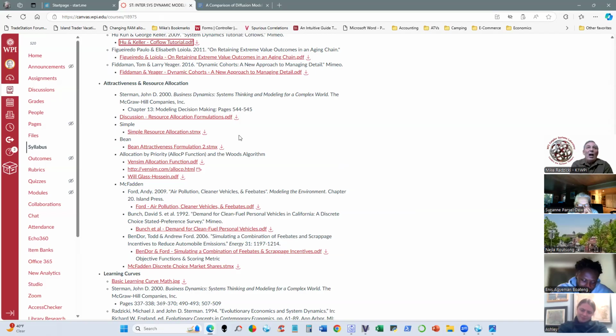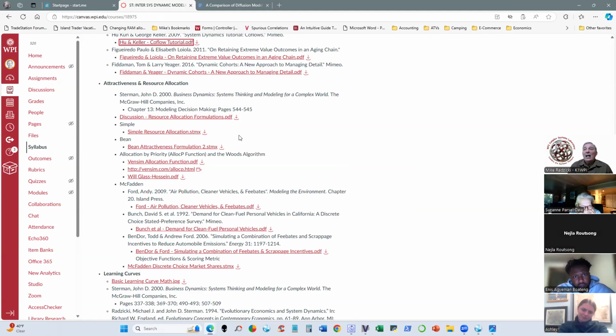So what are some well-known ways of allocating a scarce resource? Okay. And why is the title here resource allocation and attractiveness? Well, you'll tend to allocate a scarce resource to its more attractive use, or more important use, or priority use, or whatever you want to say.